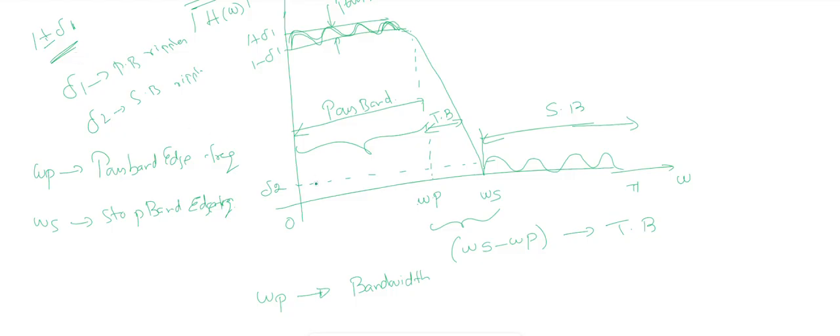The ripples in the stop band are del 2. In order to accommodate the large dynamic range, you can use a logarithmic scale for the magnitude response H of omega. Normally in decibels, the ripples in the pass band will be 20 log 10 del 1 decibels.